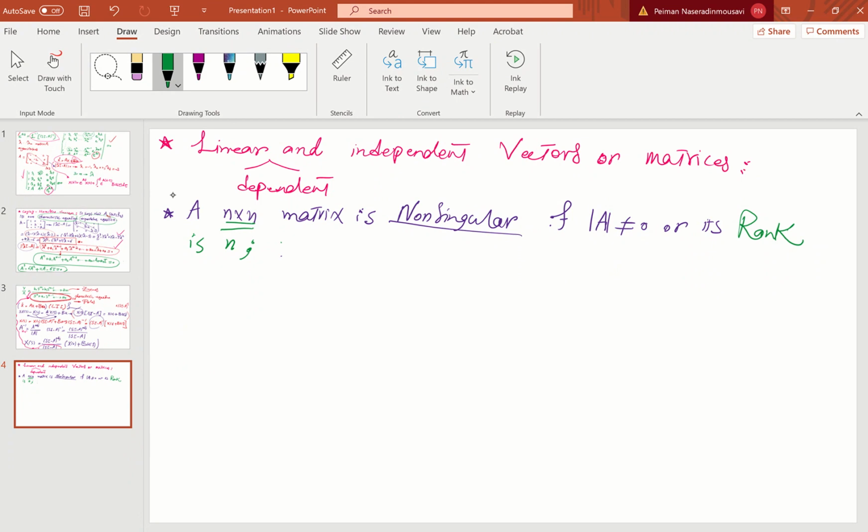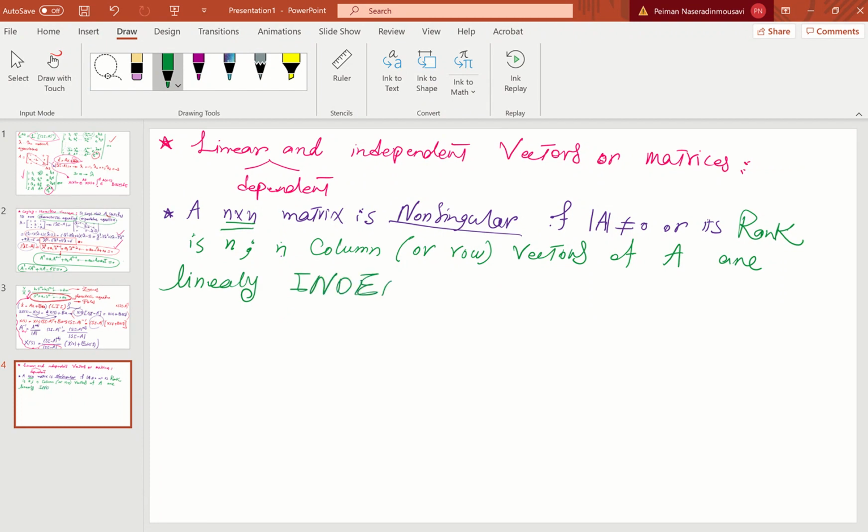If that happens, we say the n column or row vectors of matrix A are linearly independent.